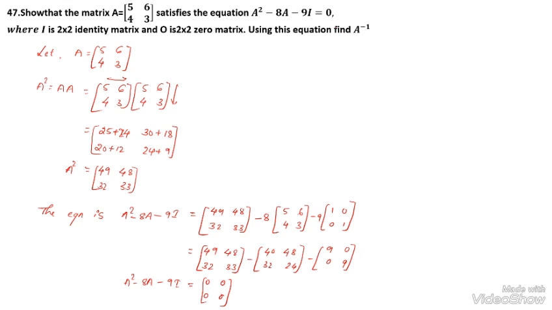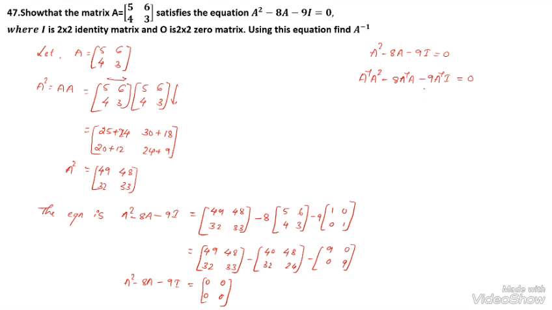Now, using the equation A squared minus 8A minus 9I is equal to 0, while multiplying A inverse on the whole equation, it becomes A inverse into A squared minus 8 into A inverse into A minus 9 into A inverse into identity is equal to 0.